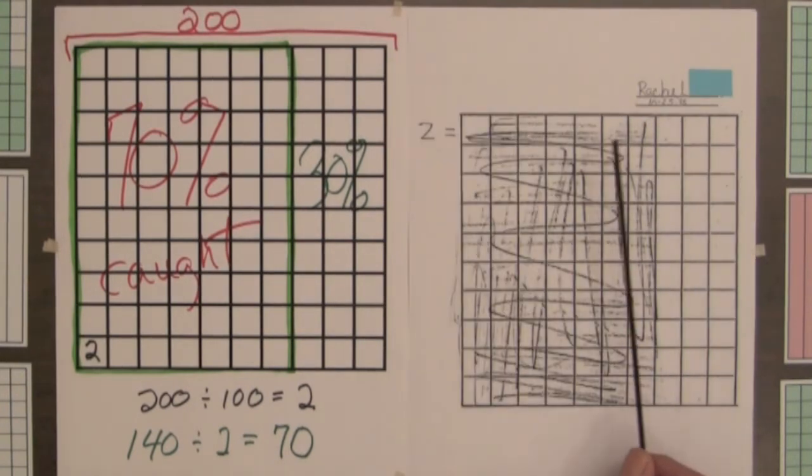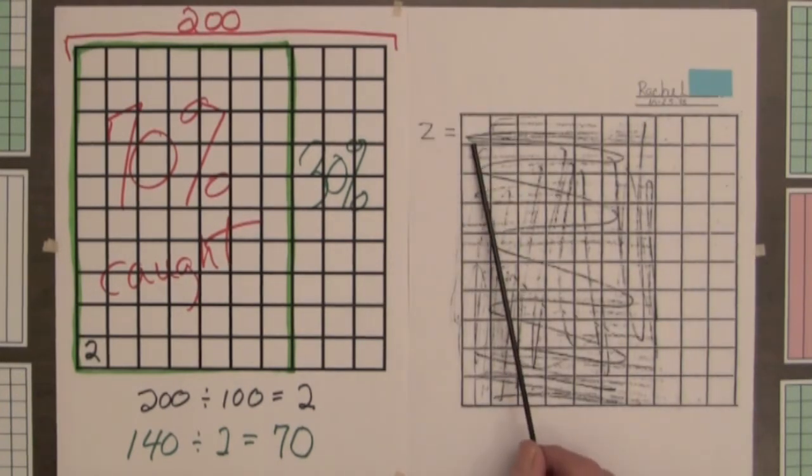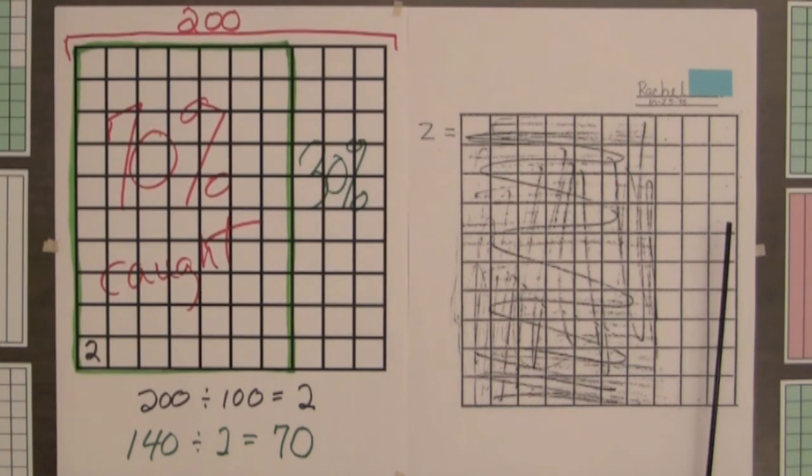Rachel also knows that each small square has a value of 2. Her explanation is very brief. Whole thing 200, caught 140, each row 20. To answer the question on misses, she writes 30%, because 70 plus 30 equals 100, and you're trying to get 100%.